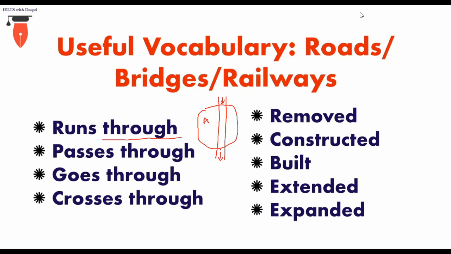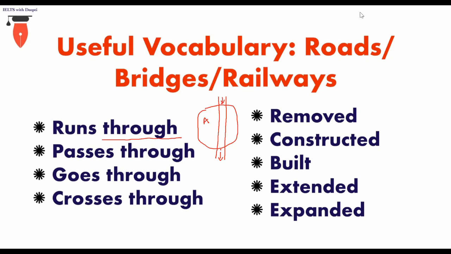You can use the word removed in a sentence like the railway lines were removed and replaced by a metro line. Similarly, you can use built or constructed in a sentence like a new bridge was built to replace the old one.